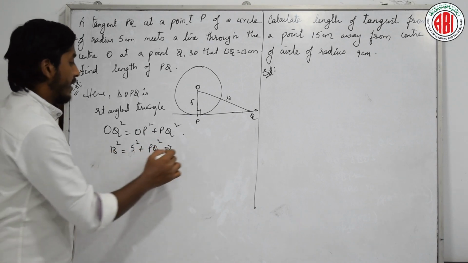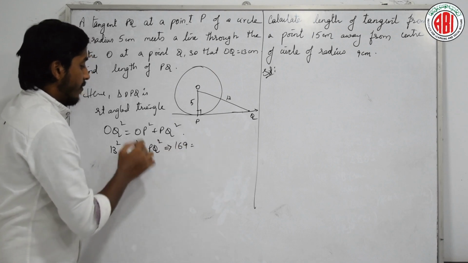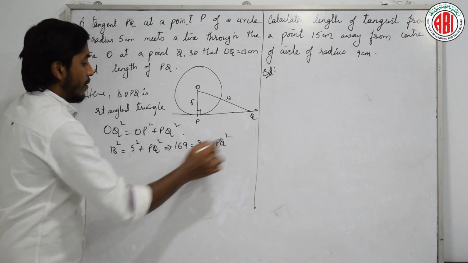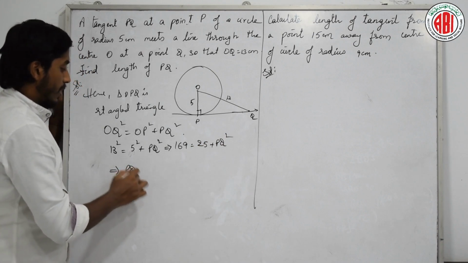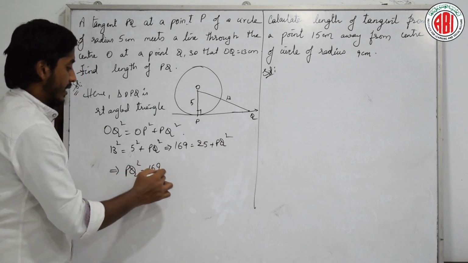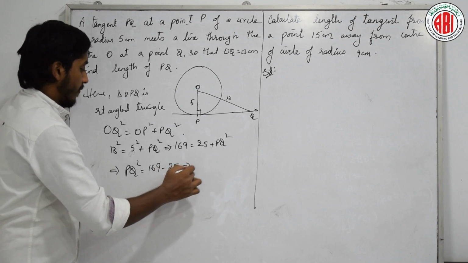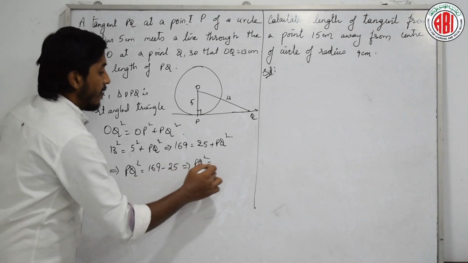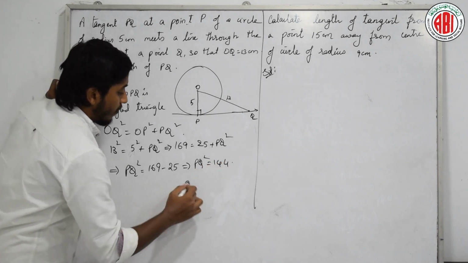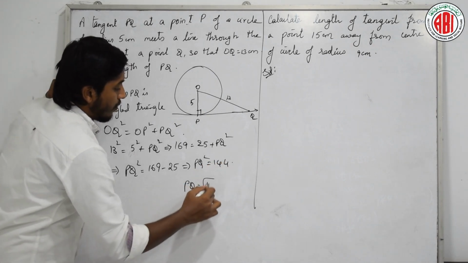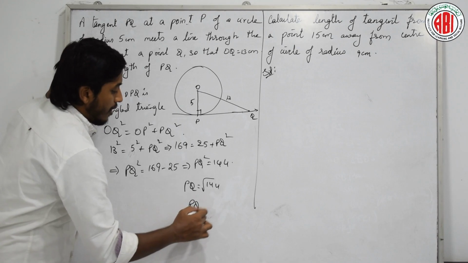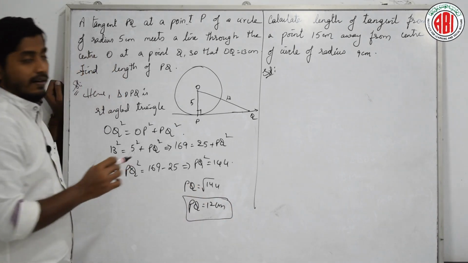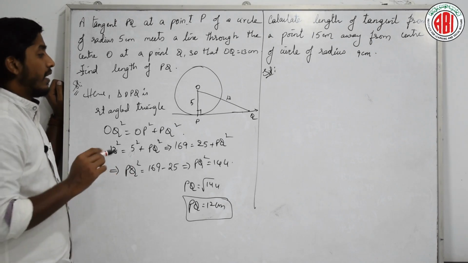Okay, what is 13 square? 169. What is 5 square? 25. And then PQ square. Therefore, PQ square is equal to 169 minus 25. What is 169 minus 25? That is 144. Therefore, PQ is root 144, which is PQ is 12 centimeter.